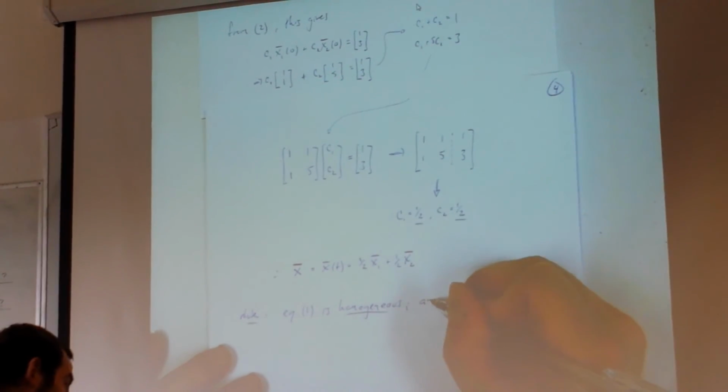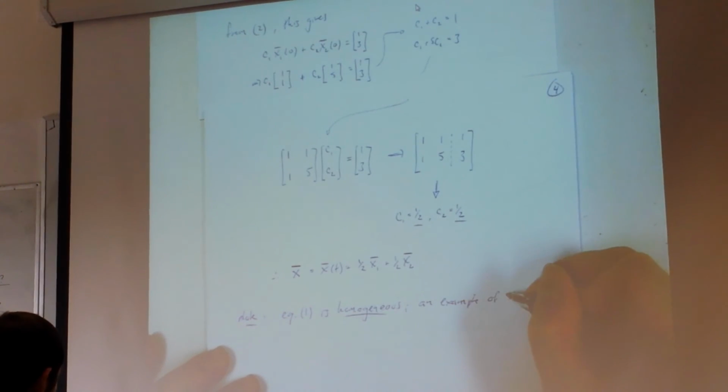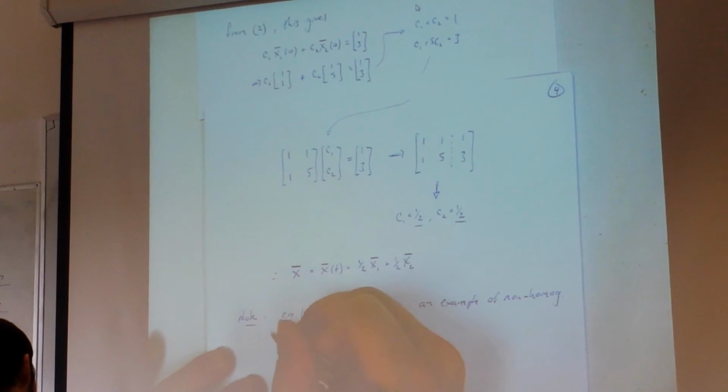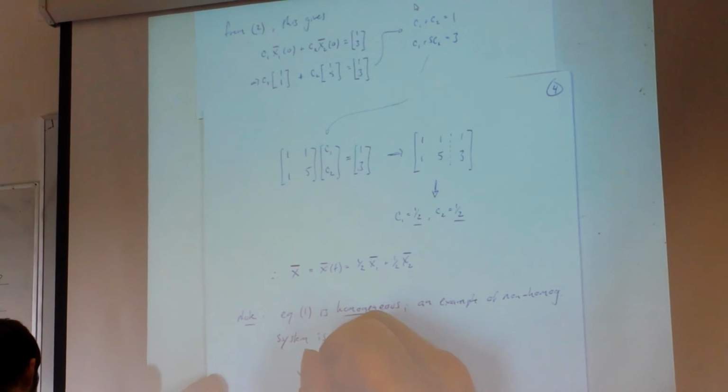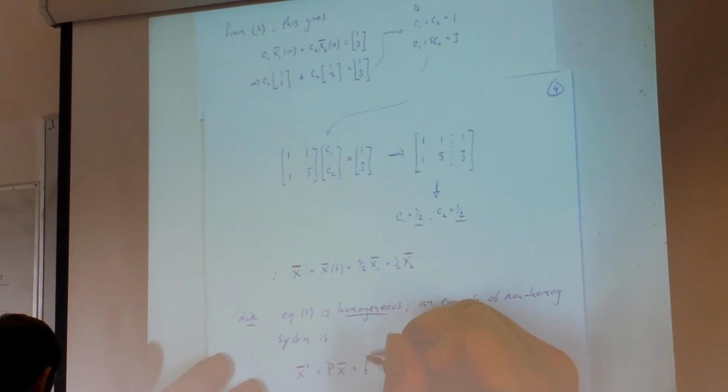An example of a non-homogeneous system would be, say, x bar prime equals P x bar plus some other f bar of t.